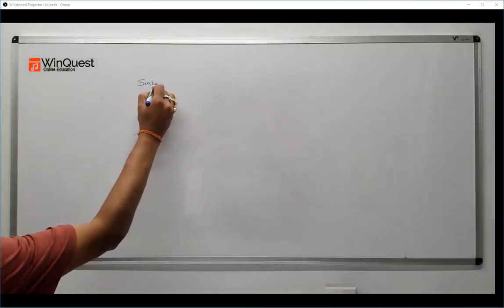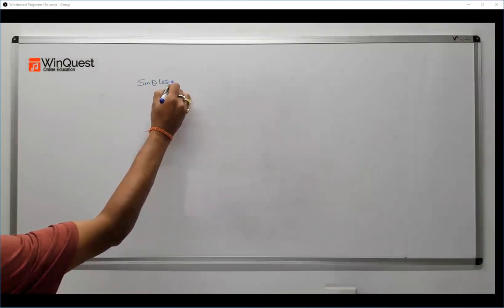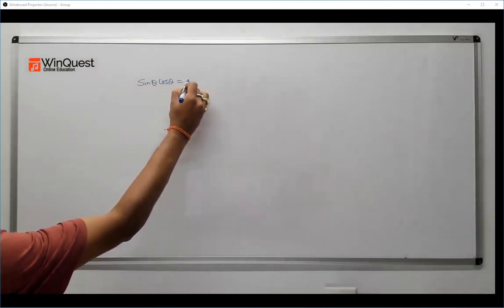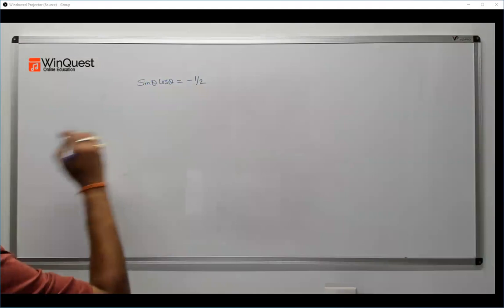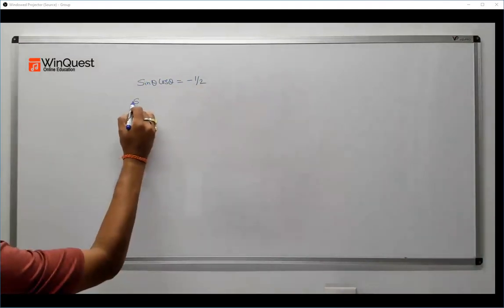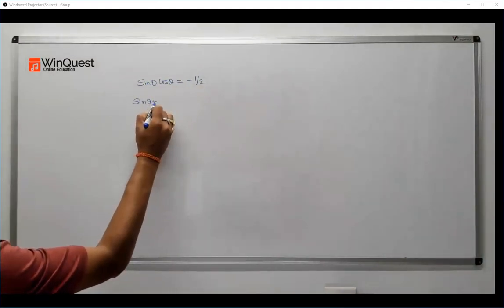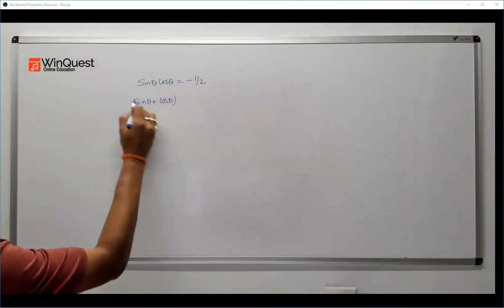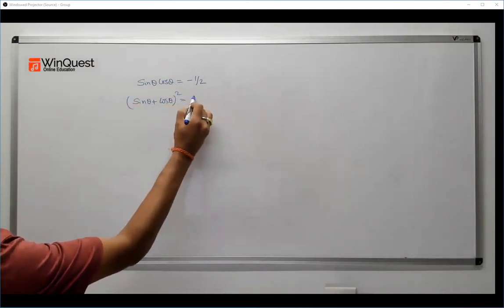Now, sine theta cos theta equals -half. Sine theta plus cos theta whole square equals question mark.